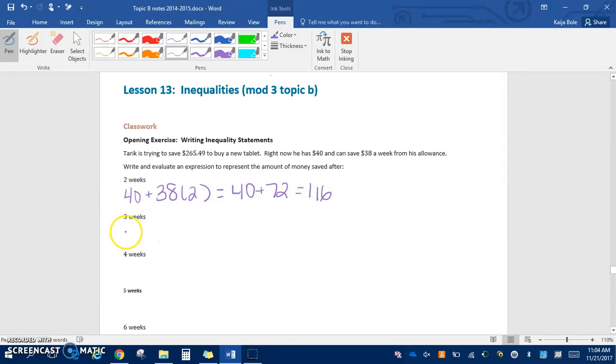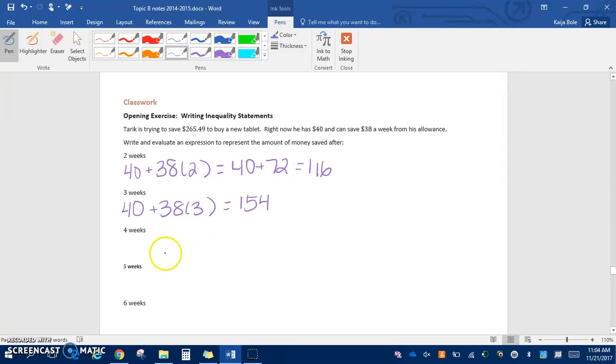Now after 3 weeks, it would be 40 plus 38 times 3, which would get you 154. Now if we did 4 weeks, it would be 40 plus 38 times 4, which would get you 192.